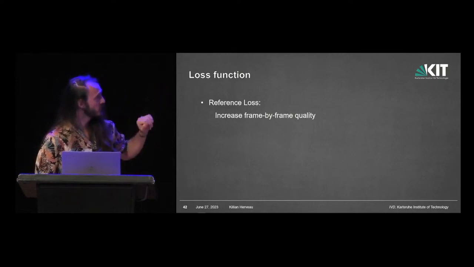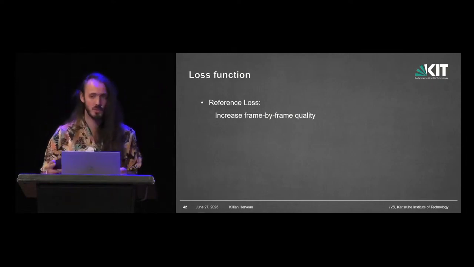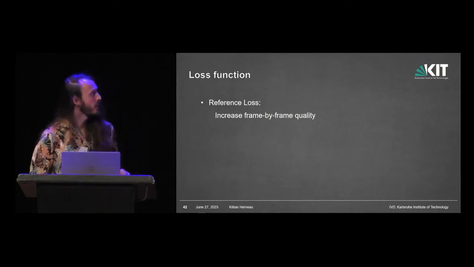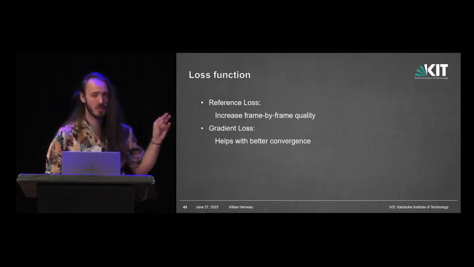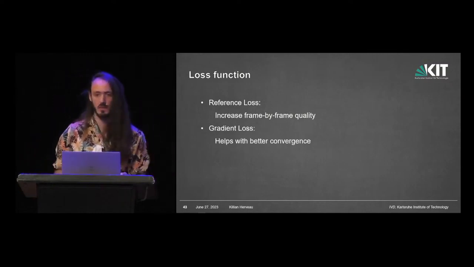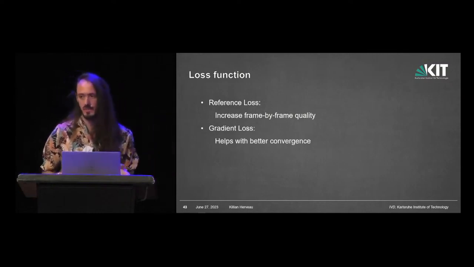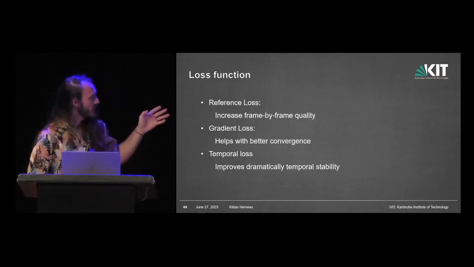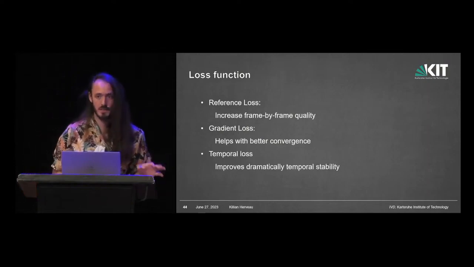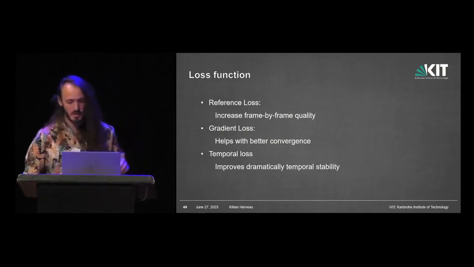And the reference loss, we notice it increases frame by frame quality, but it has no impact on how well it does temporally, or very little at least. The gradient loss helps with a little better convergence. We gain around 20, 50 epochs in the convergence time. And finally, the temporal loss. It dramatically improves the temporal stability. So let's see how that works.